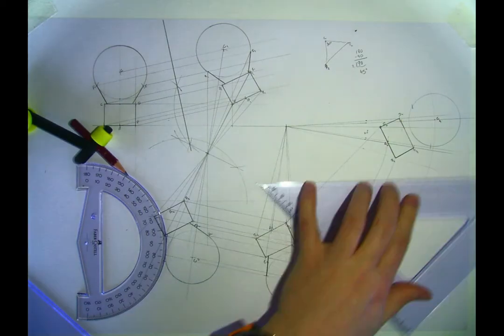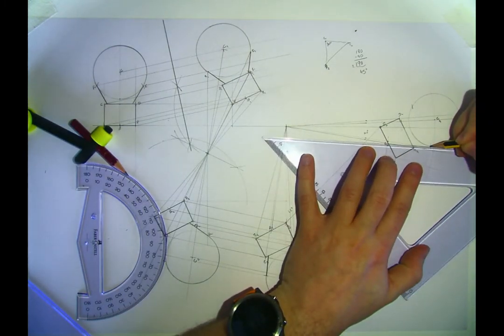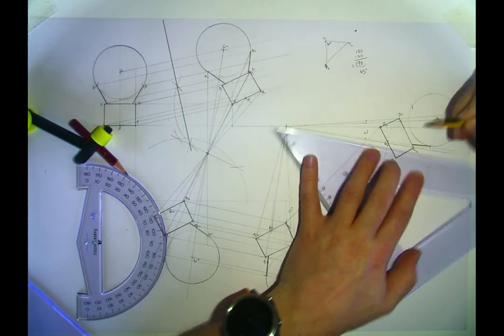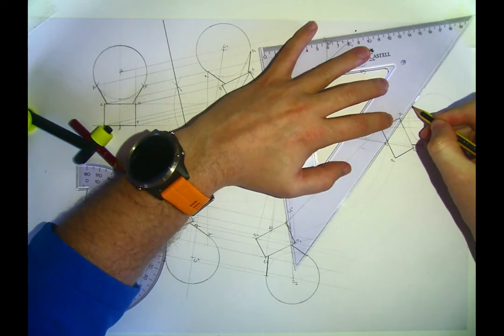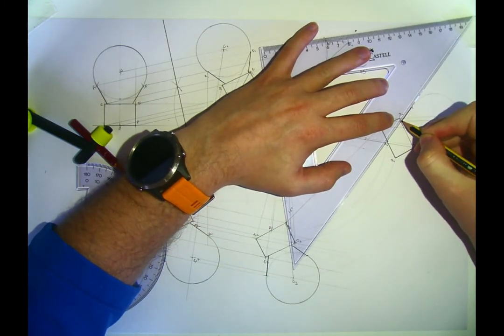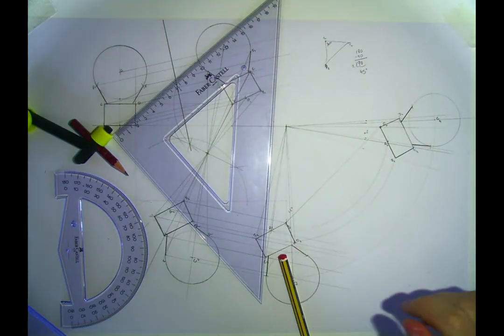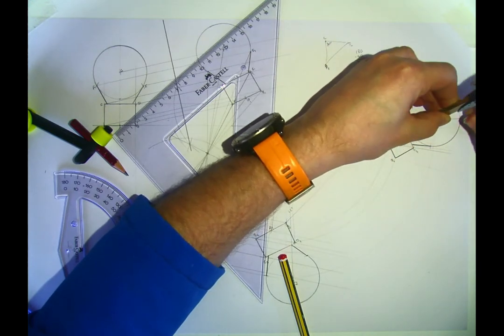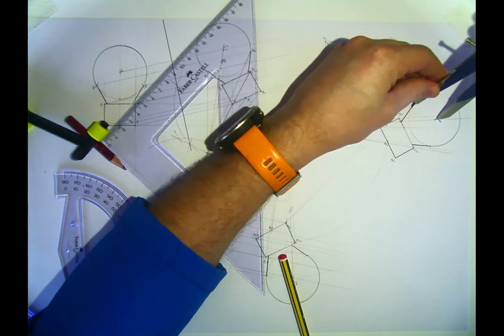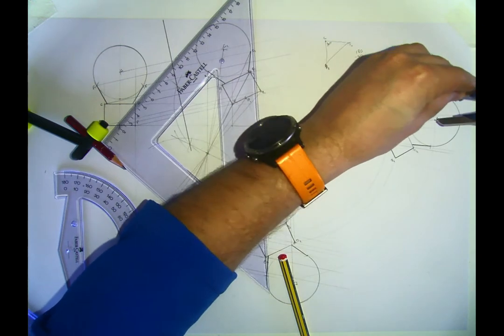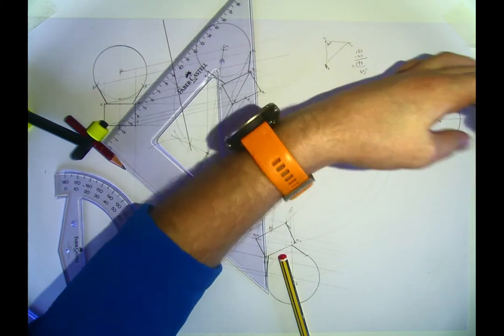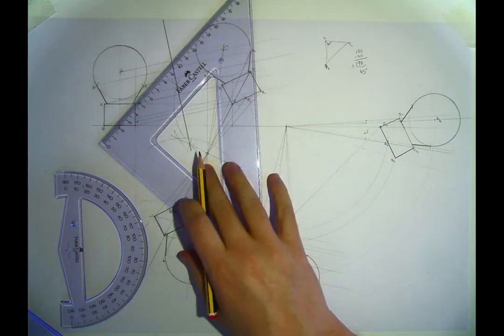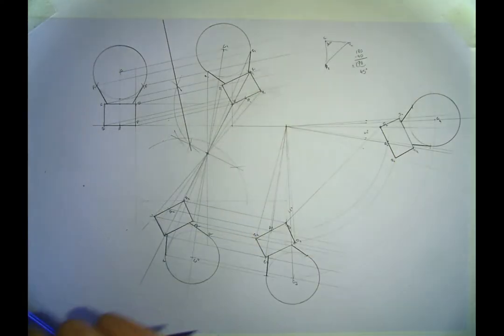So we can just join them back down to A. And finally just darken in the circles around the outside. And then that will finish off this question for us. So this is the 2019 higher level question 5.